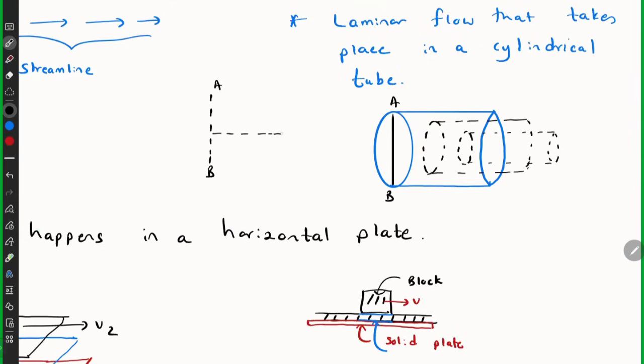Because the fluid that's touching the surface has a velocity of zero, because the solid cylinder is at rest, right? So the pattern of velocity distribution has to be something like this, where the velocity becomes zero here and it slowly increases.